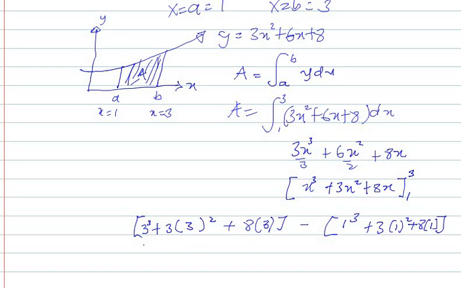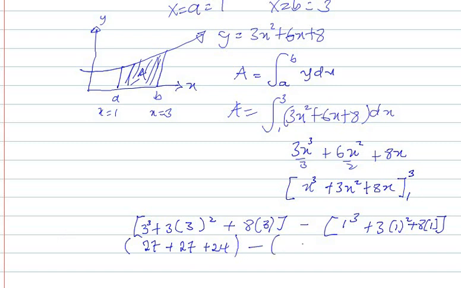Then 3 cubed is 27, plus 3 times 3 squared, 9 times 3 is 27, plus 8 times 3 is 24. That's for the upper limit.